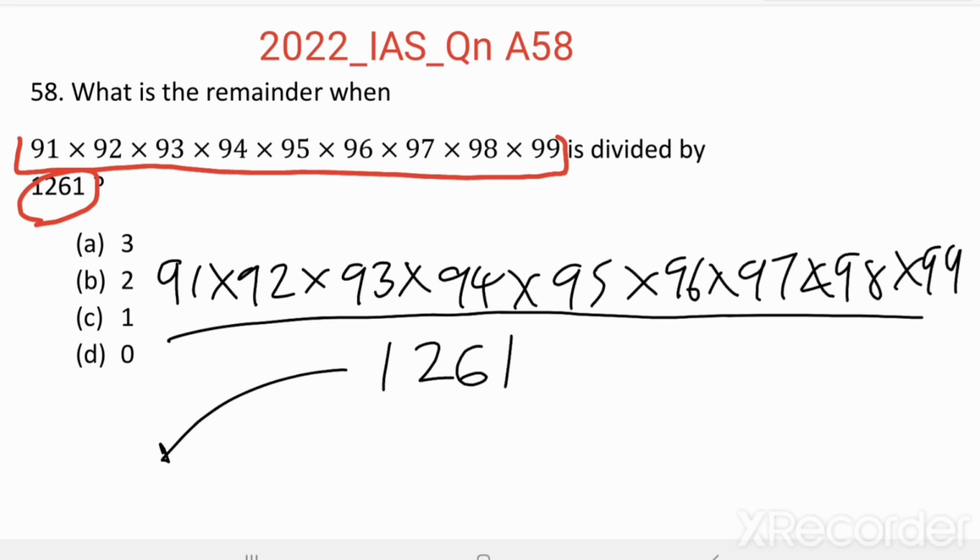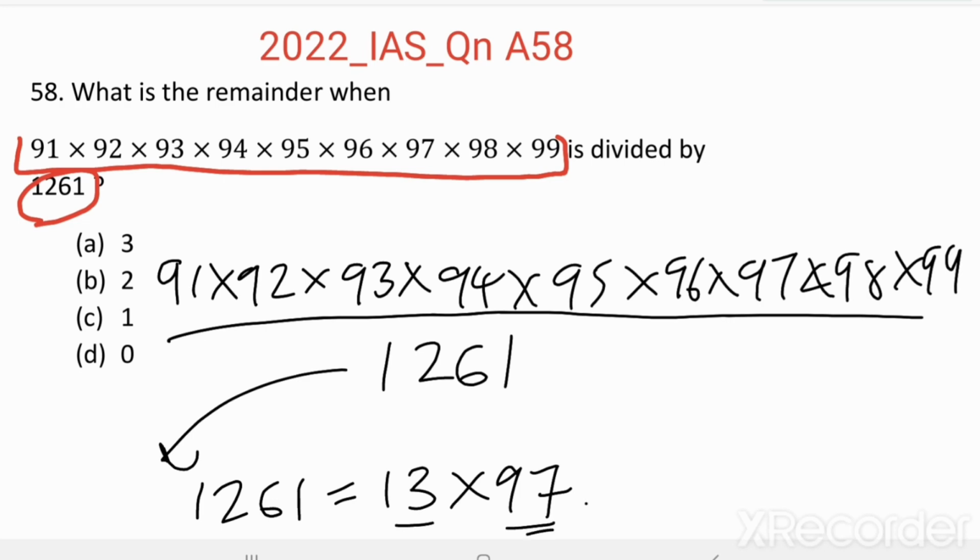This 1261 we can write as 13 × 97. These two are the only factors of 1261 other than 1 and itself, and these two are prime numbers as well.